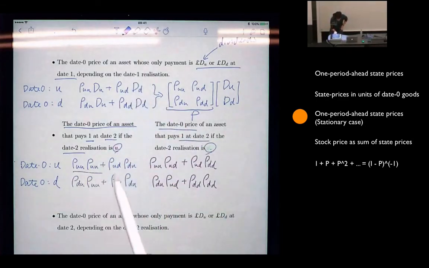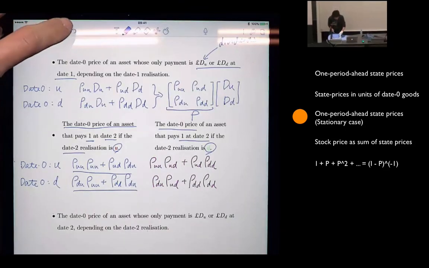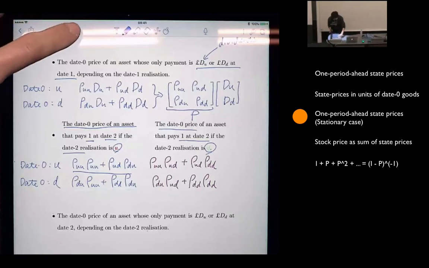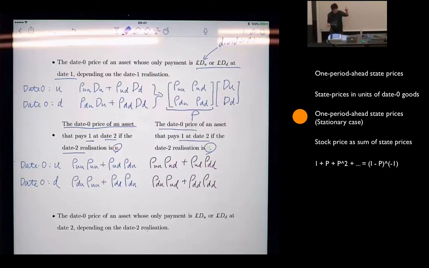That's either this or this, depending on the initial state. What is the current price of an asset that gives you 1 unit of consumption good at date 2, if and only if the date 2 economy is down? The price of such an asset is either this or this, depending on the initial state.